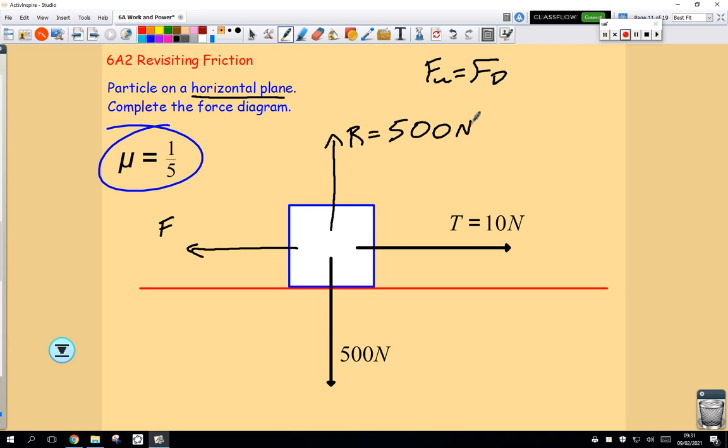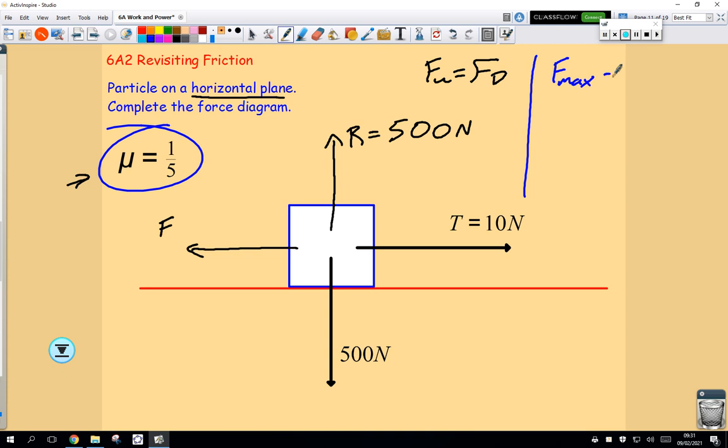The next thing I want to think about is this friction force, and the coefficient of friction, which is 1/5. So what is the friction force? Well, the first thing I'm going to think about is what is the maximum possible value of the friction force.